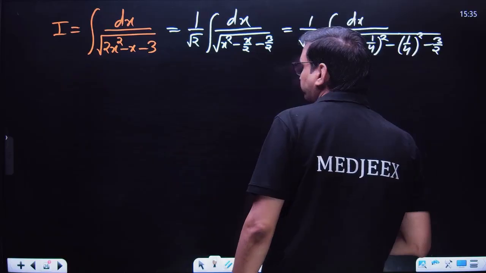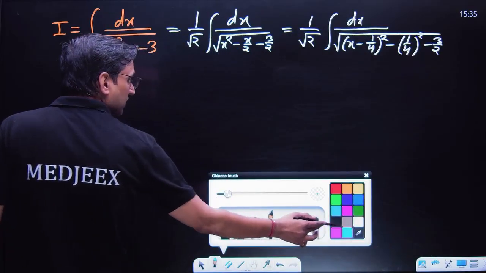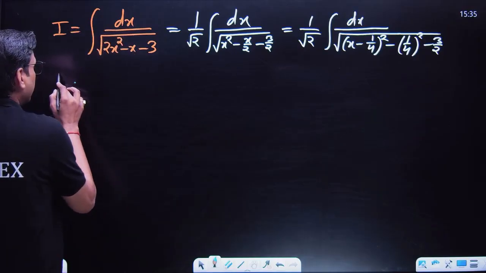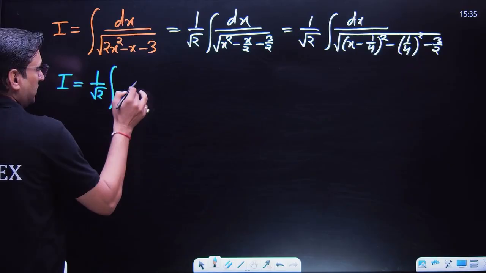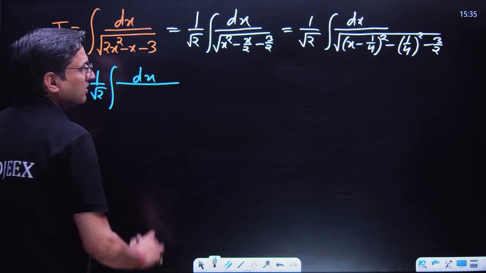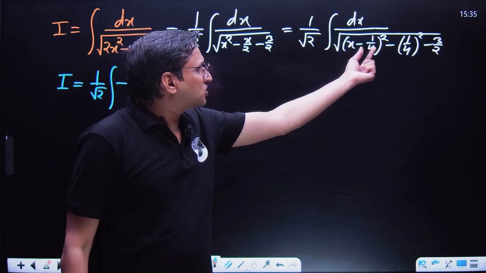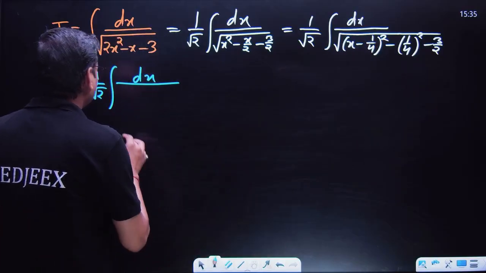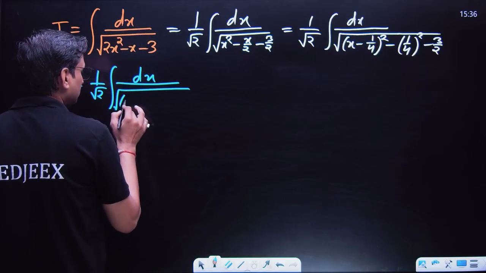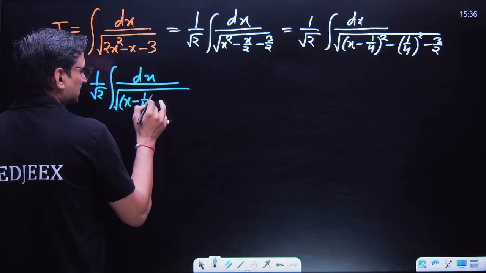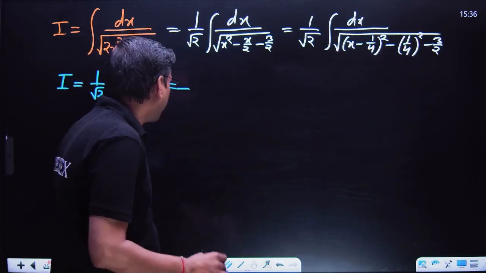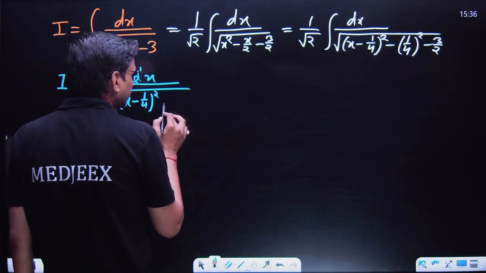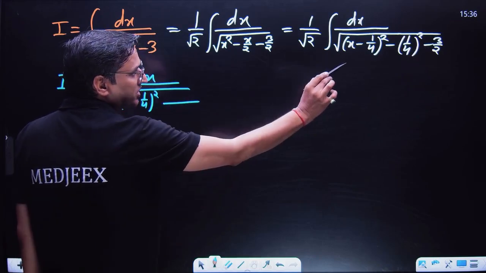After solving this one, I can write I as 1 by root 2, dx over x minus 1 by 4 whole square, minus (1 by 16 plus 3 by 2). I am going to take the LCM.